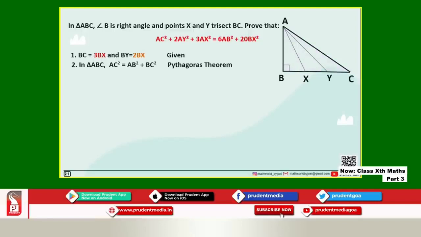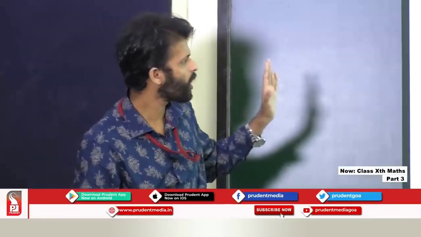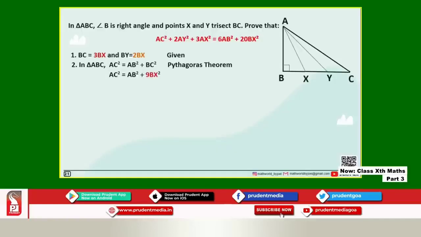So we write AC square is equal to AB square plus 9BX square. How did we come to this? From step 2, wherever there was BC, I have replaced it with 3BX. There was a square, so 3 square will become 9 and BX becomes BX square. That's from step 1 and step 2 exactly.